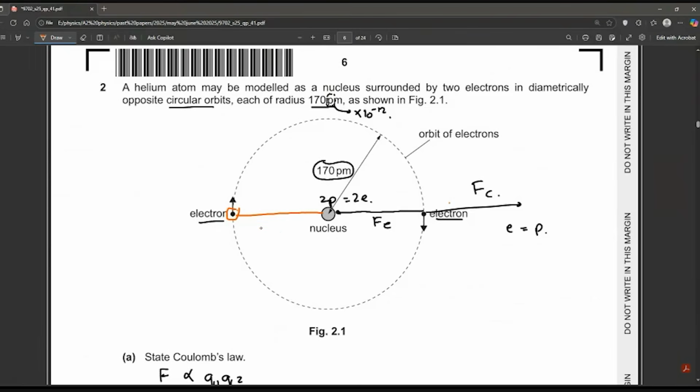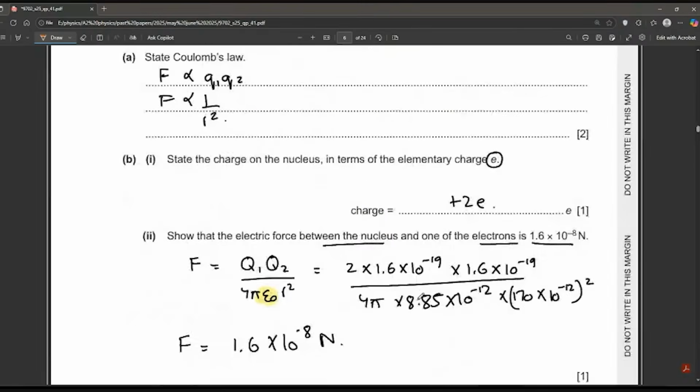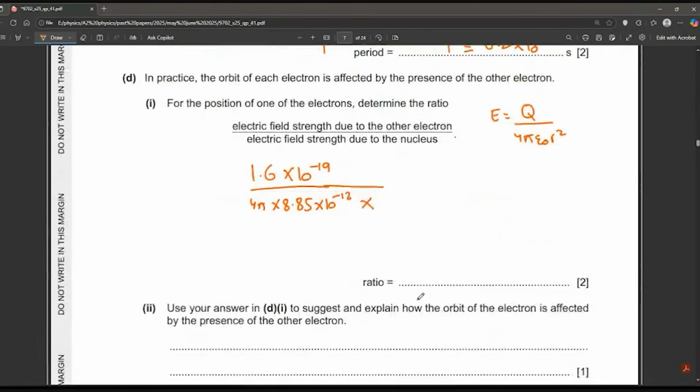Obviously, this is 170 picometers, and this will also be 170 picometers. How much distance is there between both electrons? What is the r? 340 picometers. Write it here: (340 × 10^-12) whole squared, divided by the electric field strength due to the nucleus.